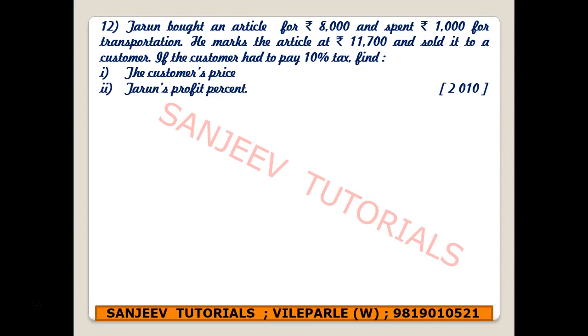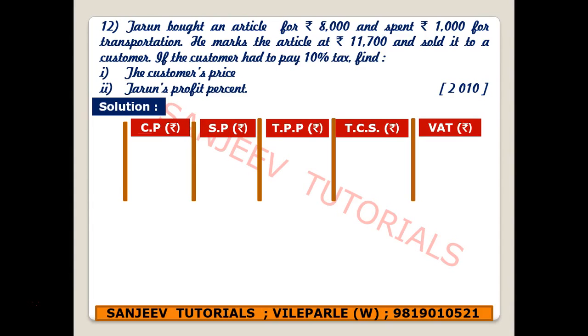As usual, I prepare a table comprising 5 columns: cost price, selling price, tax paid on purchase, tax collected on sale, and VAT. In this sum, Tarun bought the article for rupees 8,000 and he also spent rupees 1,000 for transportation.